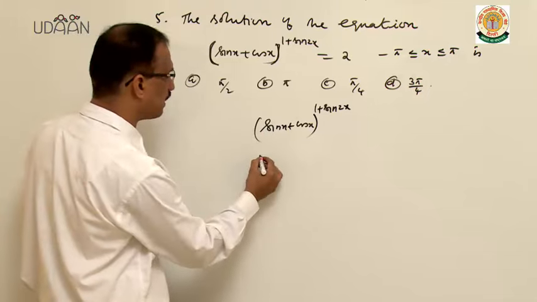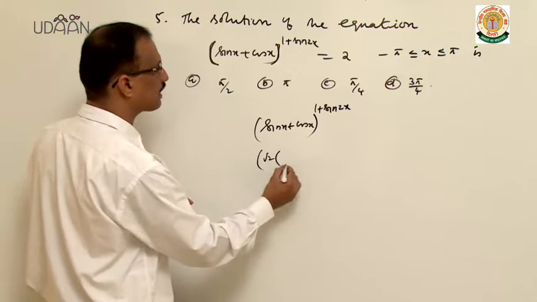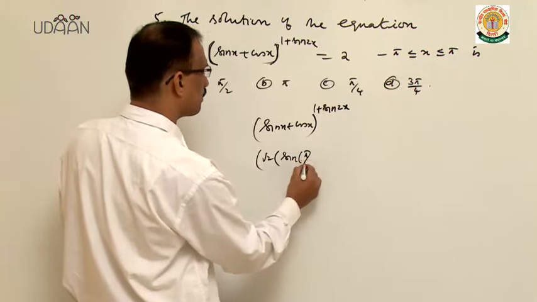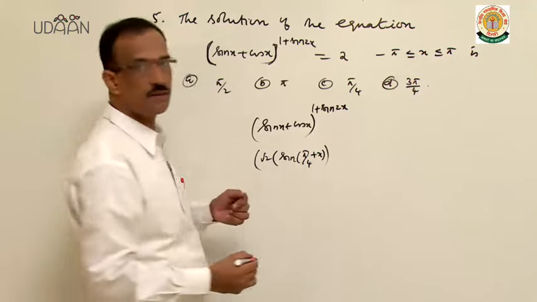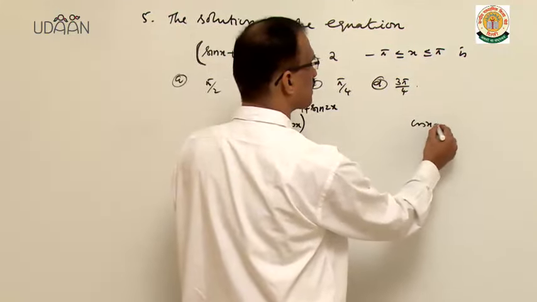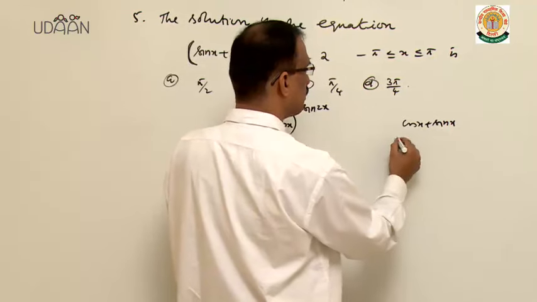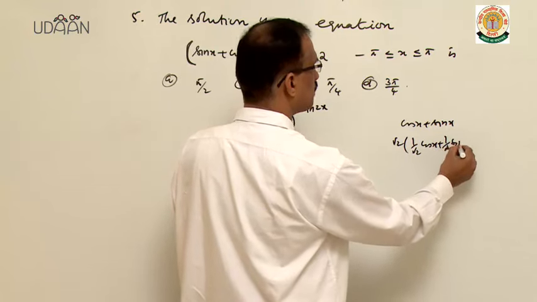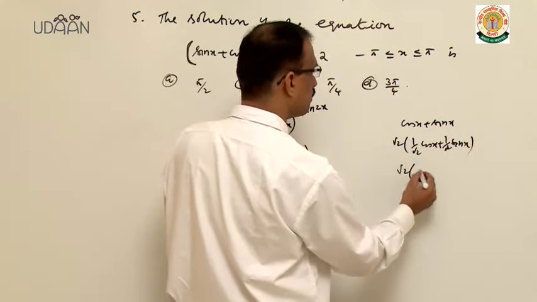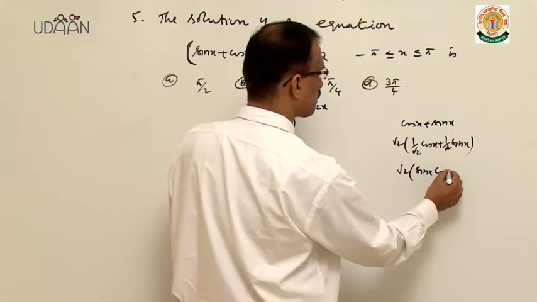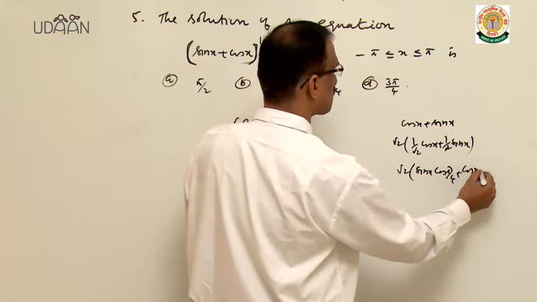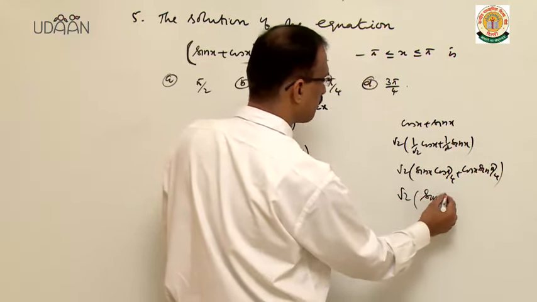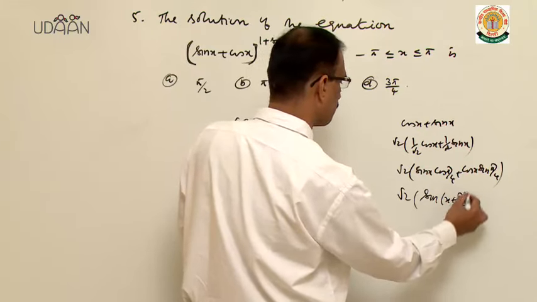So we can multiply and divide by root 2 and convert this as sin of pi by 4 plus x, because cos x plus sin x can be written as root 2 into 1 by root 2 cos x plus 1 by root 2 sin x. So root 2 into sin x cos pi by 4 plus cos x sin pi by 4. So this gives us the formula sin of x plus pi by 4.